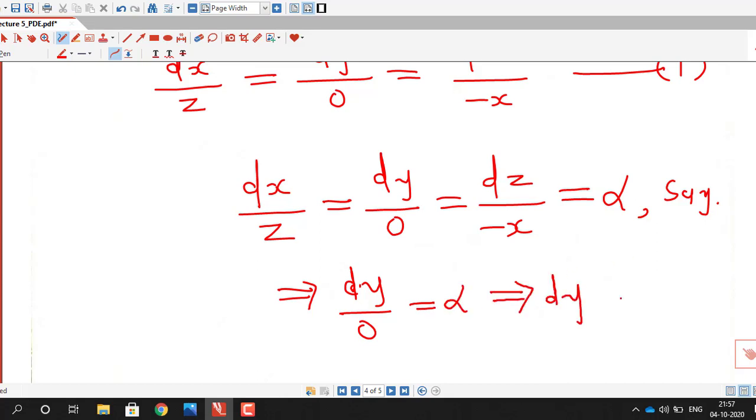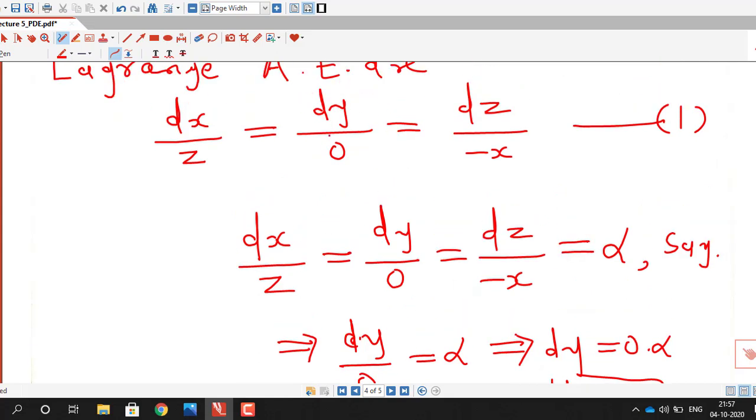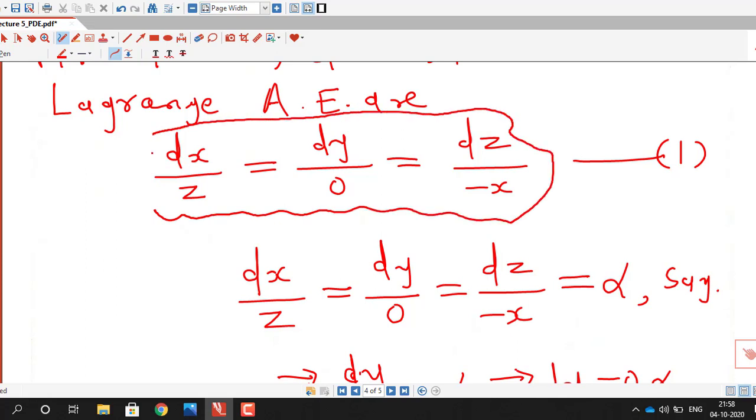This implies dy equal to 0 into alpha, and 0 into alpha is 0. So I obtain dy equal to 0. So whenever we have 0 in the denominator, we can directly put numerator equal to 0 in Lagrange auxiliary equations. So we will keep in mind this thing. Whenever there is a 0 in the denominator, we can put numerator equal to 0 while solving Lagrange auxiliary equations.